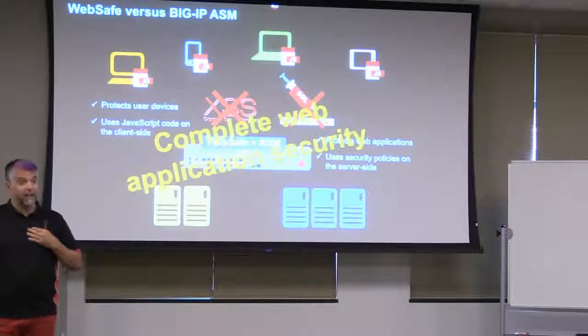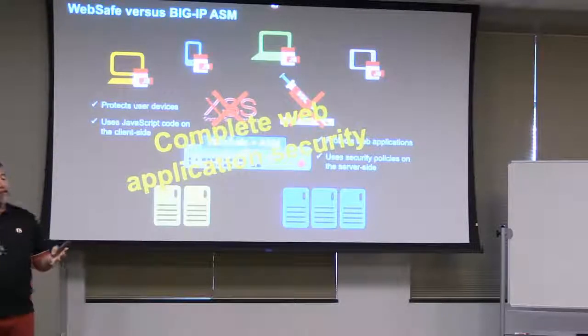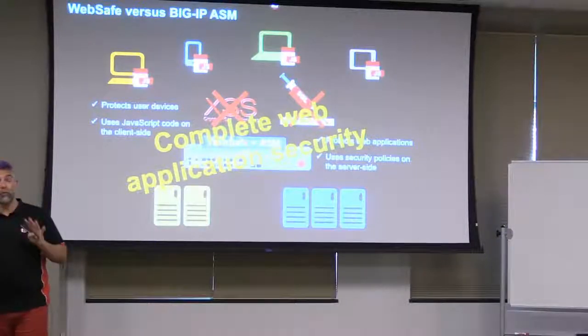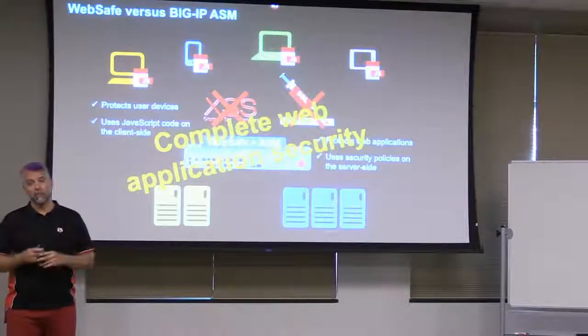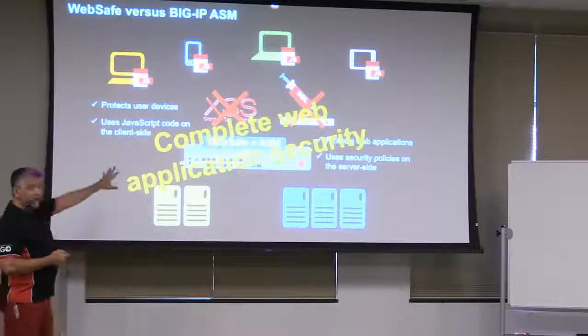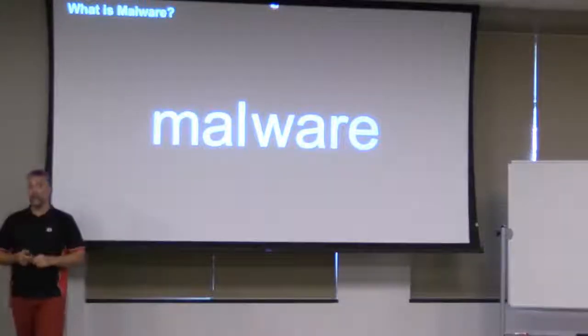Using ASM, I can identify that and I can block it. Using WebSafe, we can identify that it has taken place and who's done it. We can get more details about it, but it doesn't get blocked. So WebSafe is the detection, and ASM can do some blocking. But ASM, unfortunately, can't block malware from taking place. So they're very different features, both very valuable products.